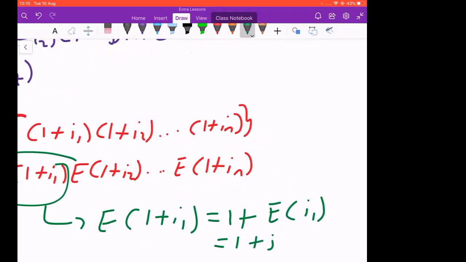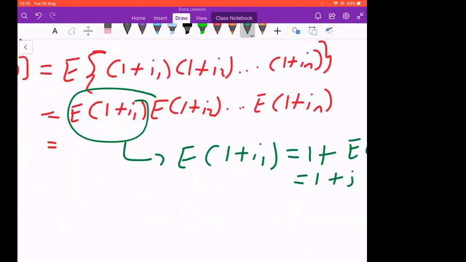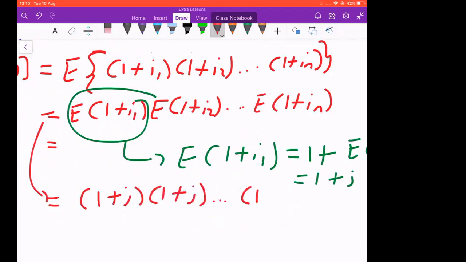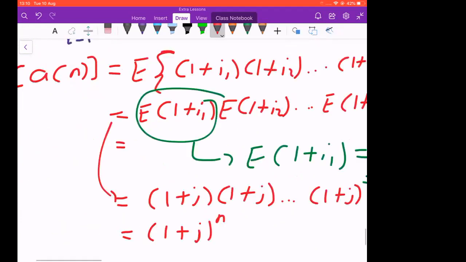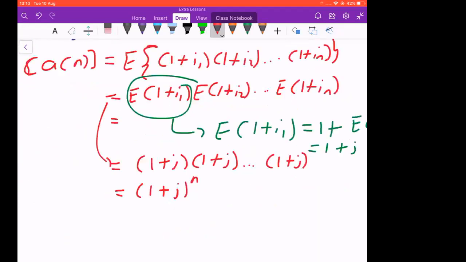You can see that all these things come to a point where you have 1 plus j for each, up until 1 plus j, and the answer is going to be 1 plus j to the power n. So this is if they ask you to find the expectation of the accumulated value, right?